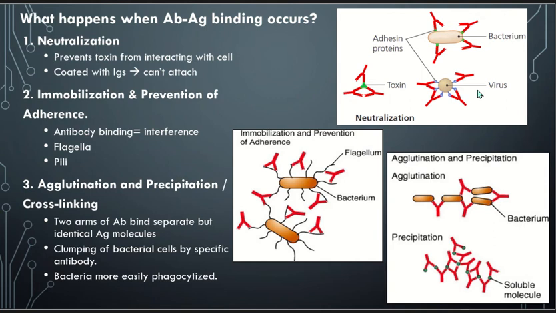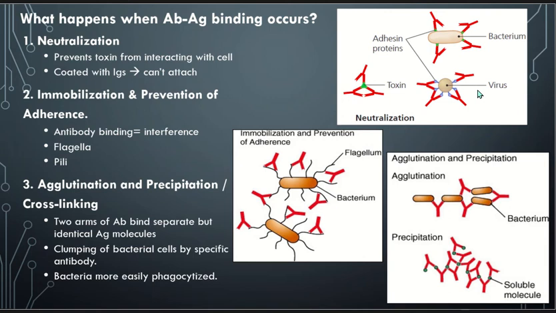We have to let them in, and they have to enter the cell to be able to actually start to replicate in the case of a virus. So if we block that, then they can't attach and they can't establish that intracellular infection and go on to replicate.